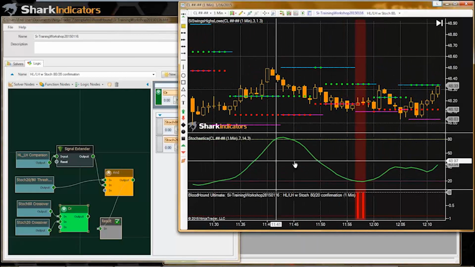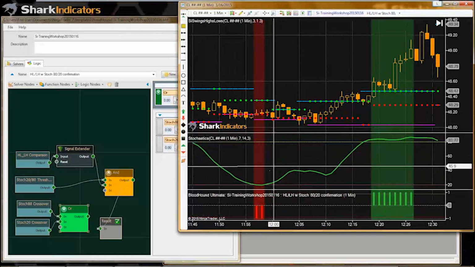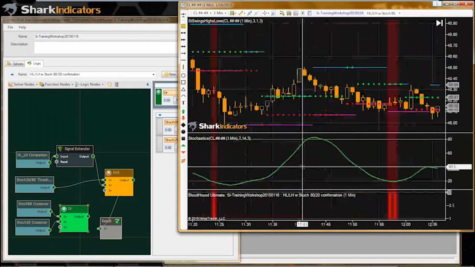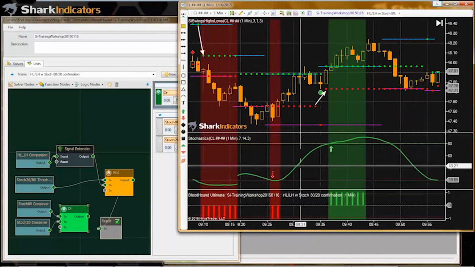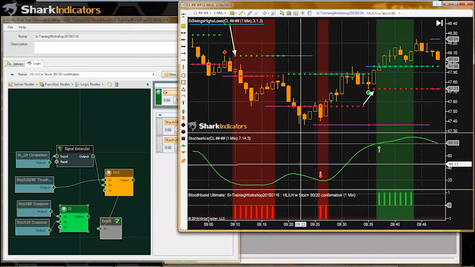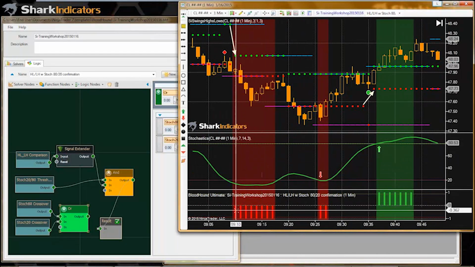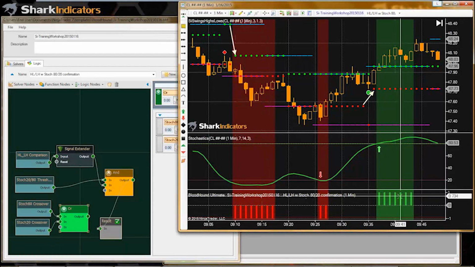I thought we had some other short signals over here, but no, this is all correct. So, I think I'm in the wrong spot actually. Let me scroll back here a little bit. Ah, there we go. Okay. Yep, I'm a little further back in the chart. Okay. So here's all those short signals that I'm looking for, and here's a bunch of long signals.